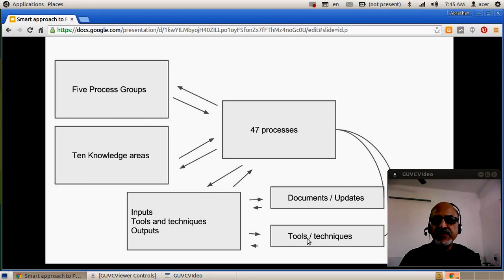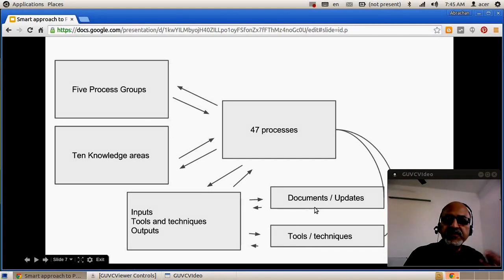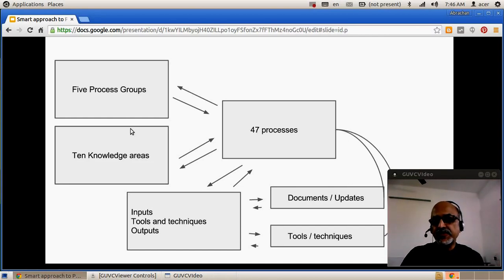This is not very linear, this is cyclic. If you arrange these documents and tools in a specific way, we get the 47 processes. And if you arrange these 47 processes in specific groups, we get the 5 process groups and the 10 knowledge areas. So I'm taking this bottom up approach.